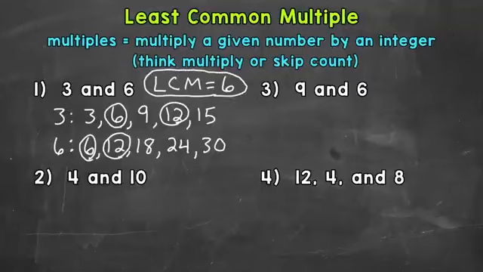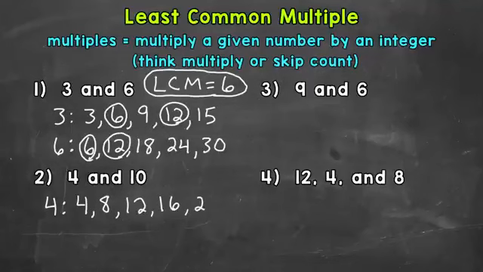Let's try another example and move on to number 2, where we have 4 and 10. So we'll start with some multiples of 4. So skip count, or think of it as 4 times 1, 4 times 2, so on and so forth. Let's skip count for this one. So 4, 8, 12, 16, 20. So we'll write 5 for that one.